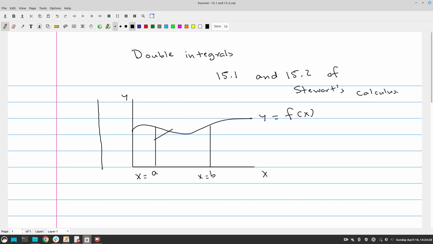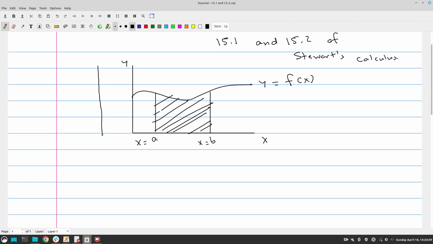So you want to find the area of this shaded region. Well, the way to do this is to divide this area.